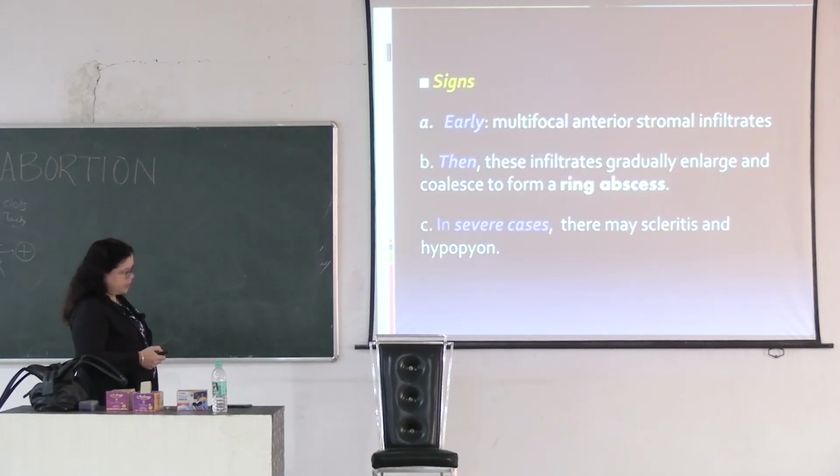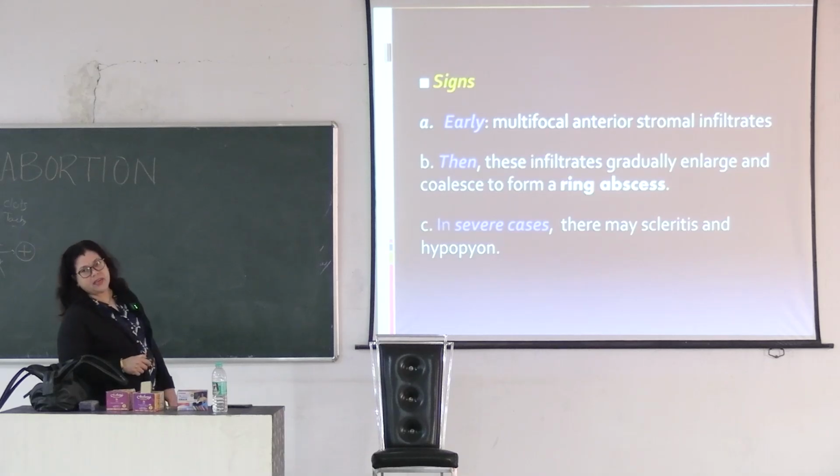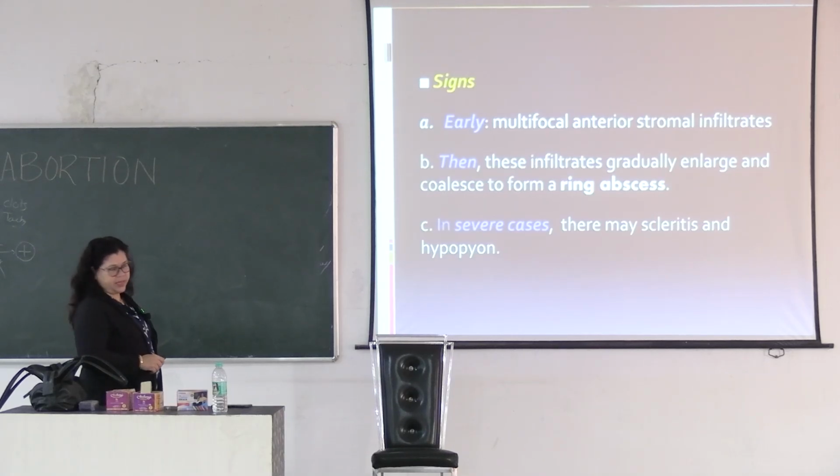Its early sign is multiple anterior stromal infiltrates, which gradually merge with each other and form a ring abscess, in a circular manner like this. In severe cases, the sclera is also involved, and the patient has scleritis, anterior uveitis, and hypopyon.